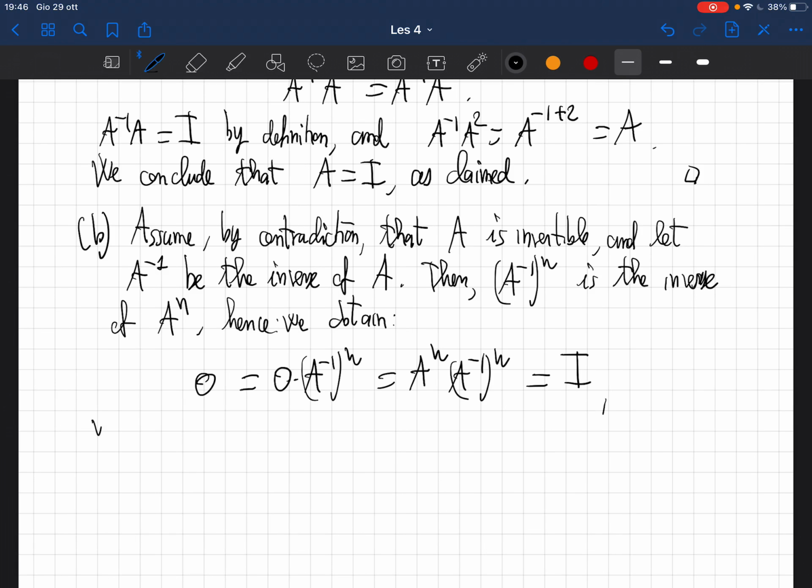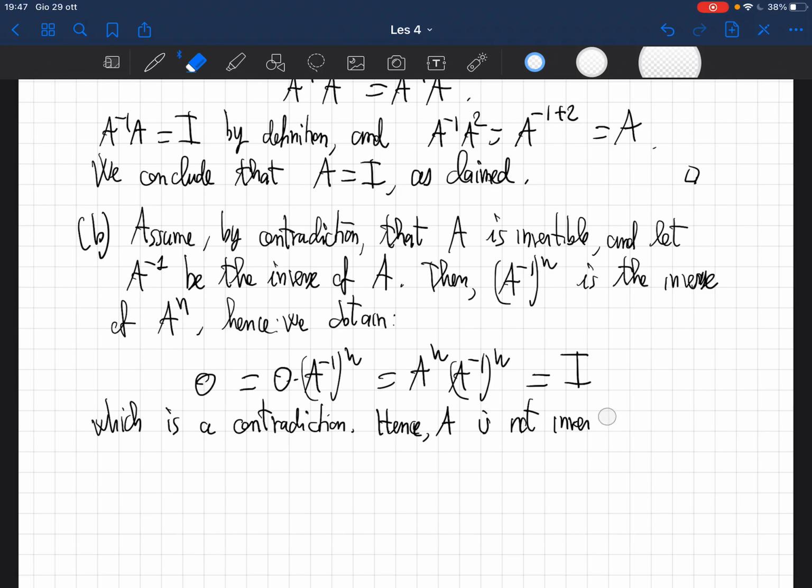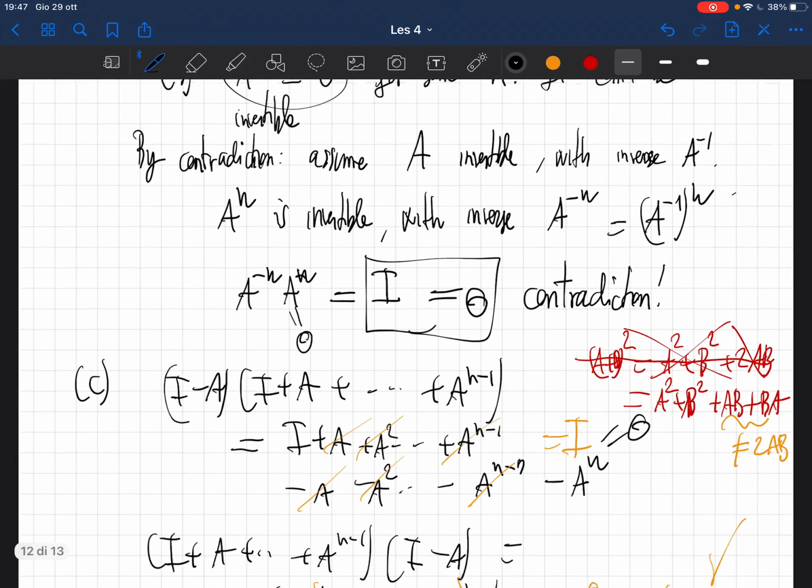And you can see here that it's a contradiction. Hence, A is not invertible. Very good.